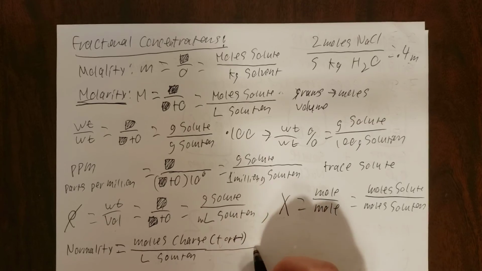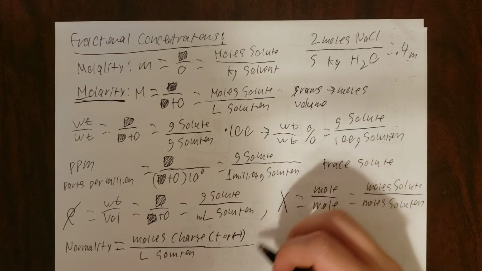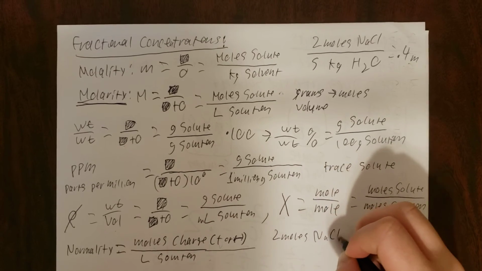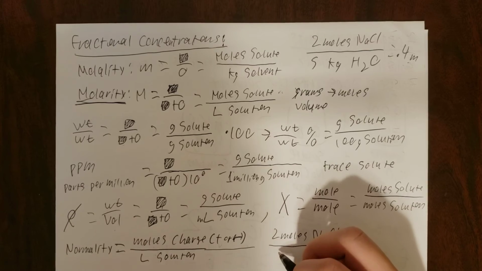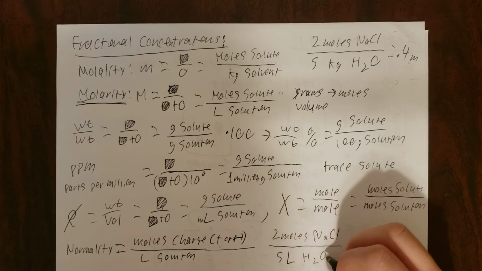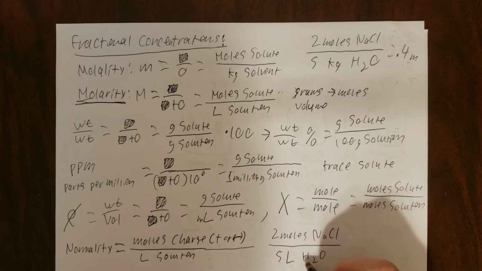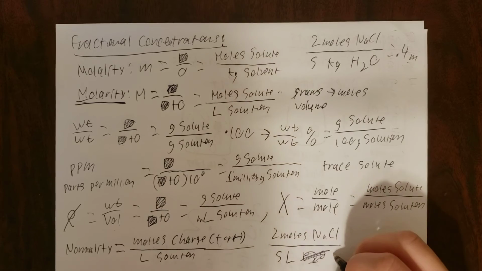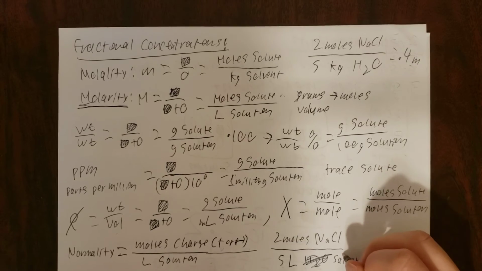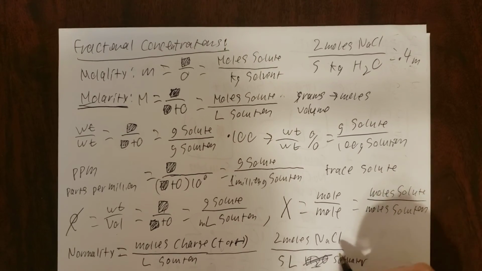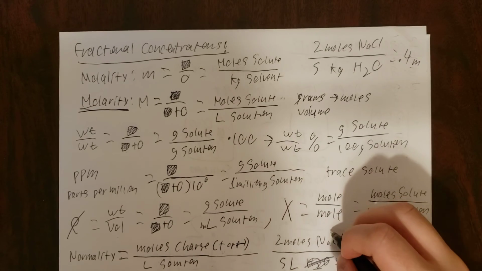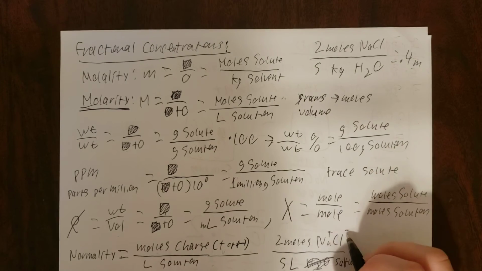And so, if we go back to our example of 2 moles sodium chloride per, let's say, 5 liters of the solution, which technically wouldn't be H2O, but the salt water, we can see that given plus or minus, we can just eliminate one of them because they're both a singular charge.